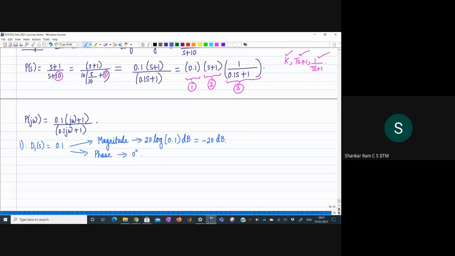The second factor, D2 of s, is going to be equal to s plus 1. So s plus 1 is a first order factor. What is going to be its corner frequency?